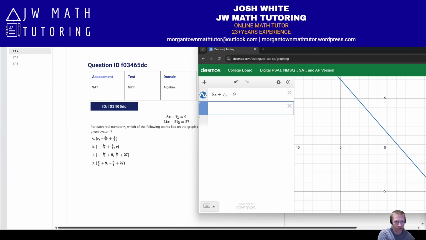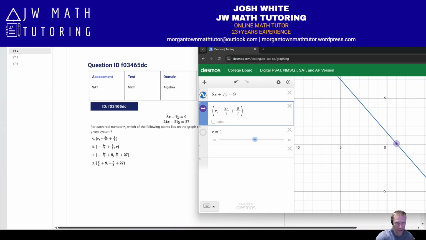Then type a bunch of points. Well, actually, first I'm going to add a slider and then type a bunch of points. R over 7, and you're going to see which point stays on the line as I move the slider.